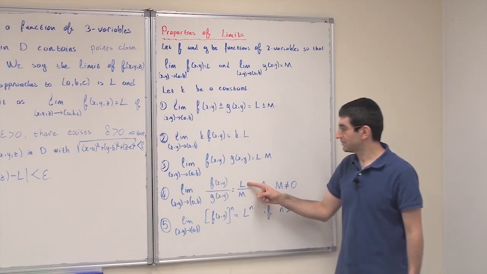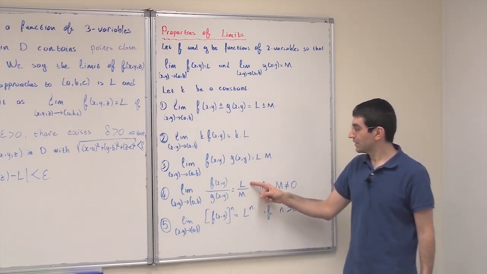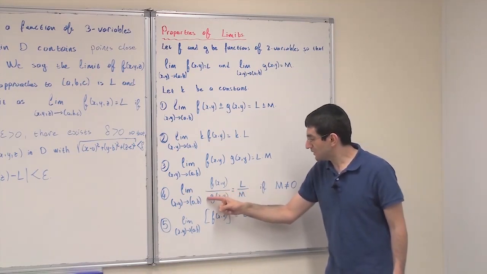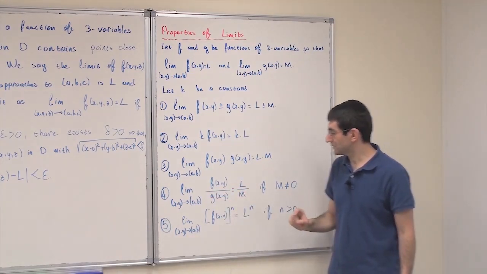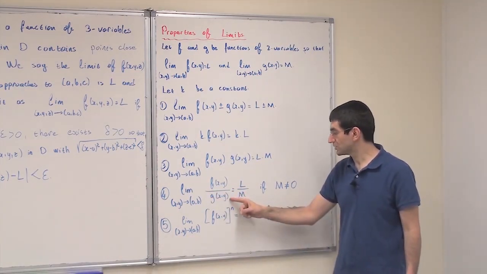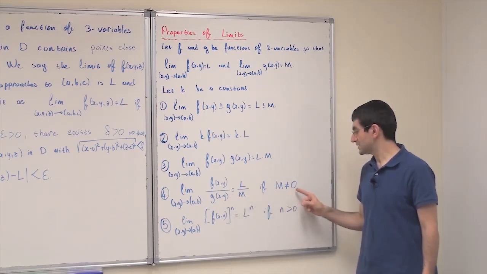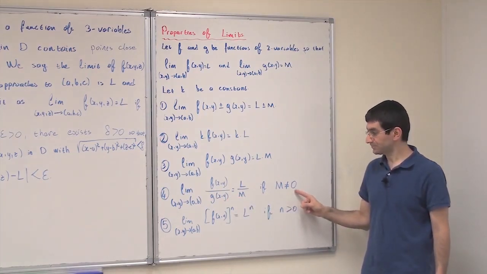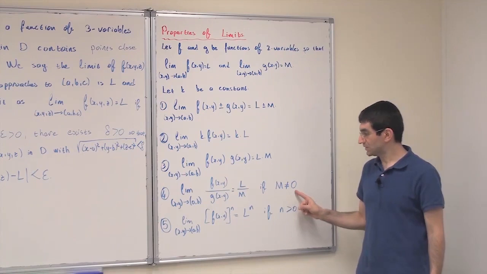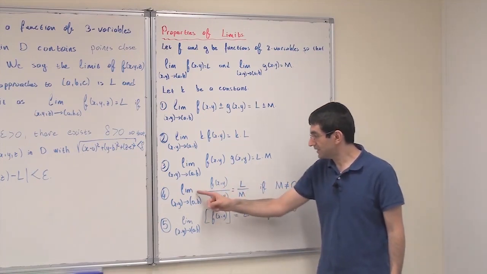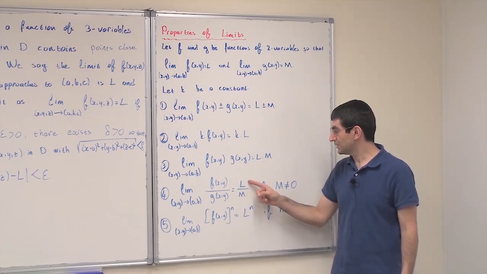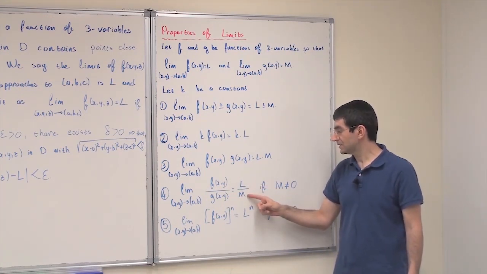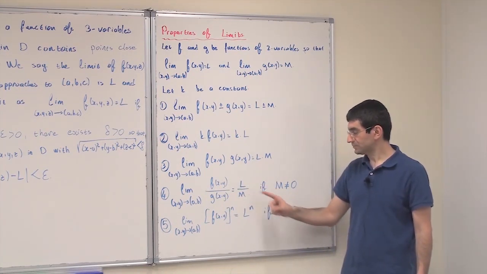The fourth rule is about the quotient. Now, we have to be careful about the function in the denominator. Here it is g. We have to make sure that the limit of g is not equal to 0. Now, if this condition is satisfied, then the limit of f over g is equal to the limit of f over the limit of g.